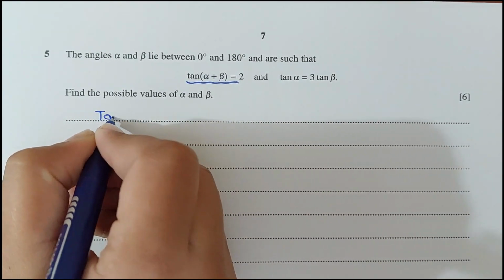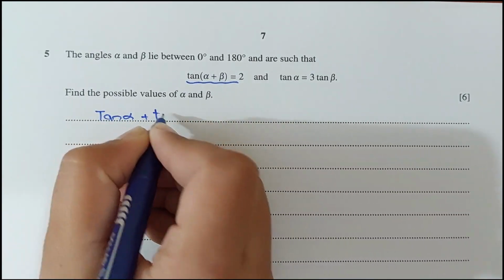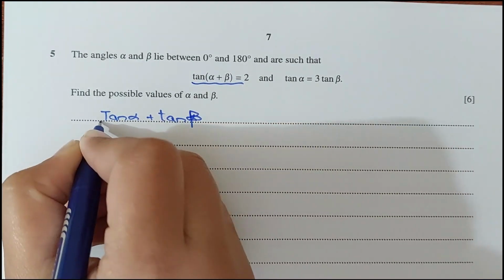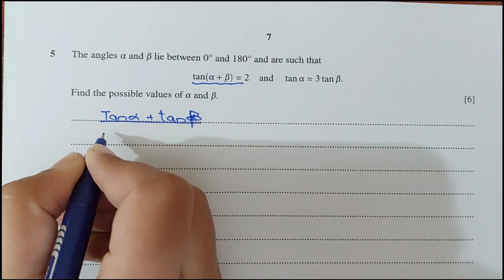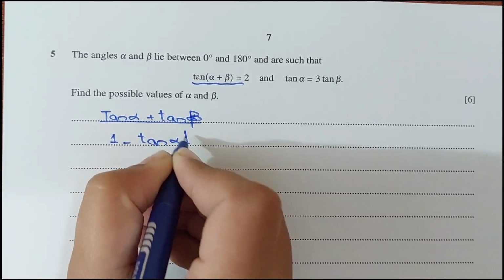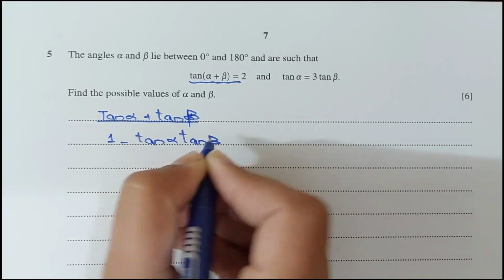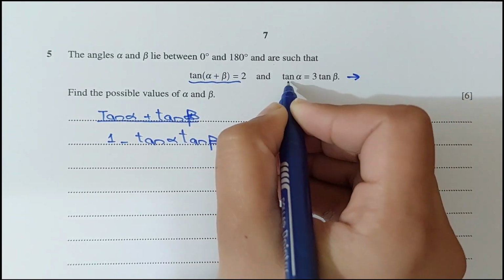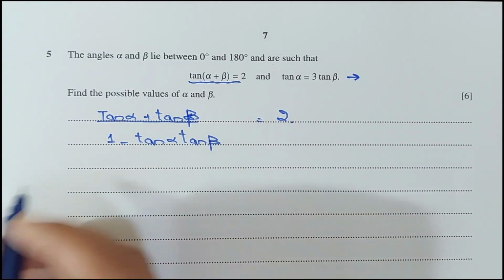Tan of alpha plus beta is tan alpha plus tan beta over 1 minus tan alpha into tan beta. This is equal to 2. If I substitute this value, tan alpha is 3 times tan beta, right?